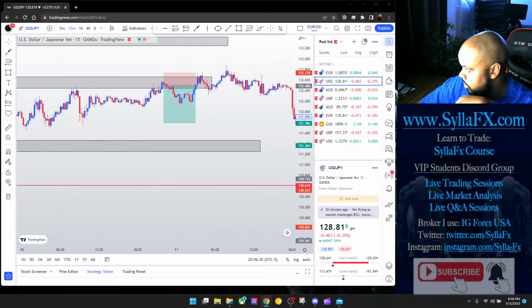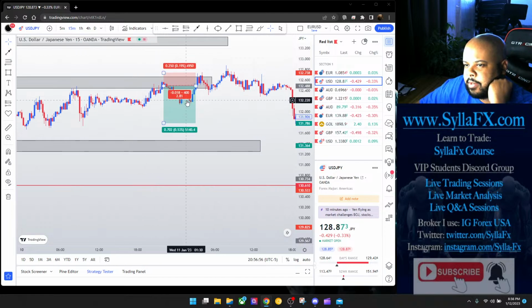I don't even remember how much I was up at that point, but gave it all back. With just the 35 pips on that one, it was barely at $1,000 and came back and tapped me out. So it is what it is.